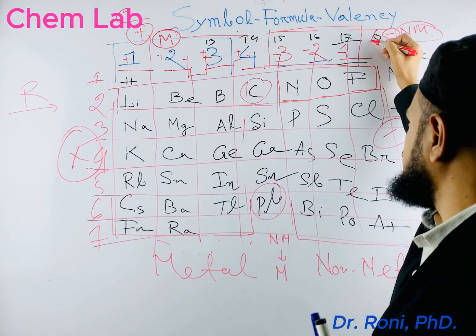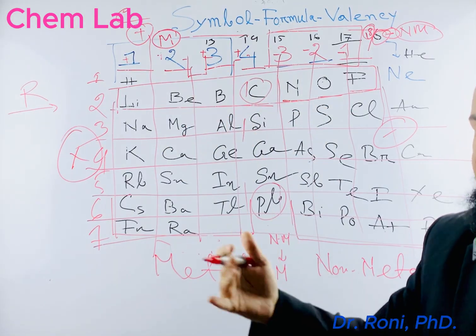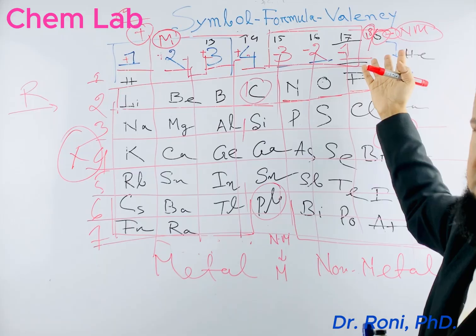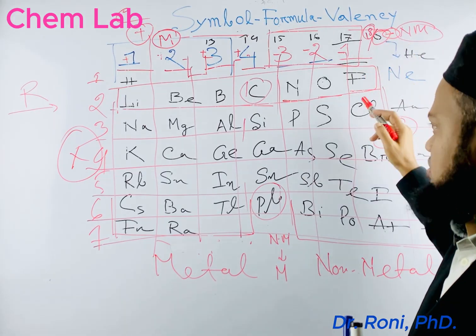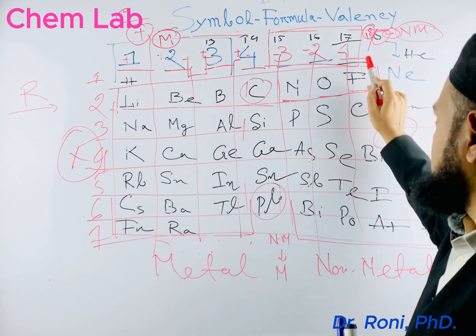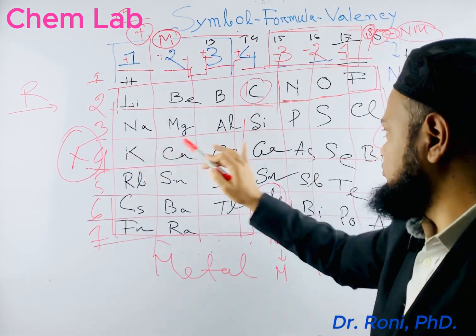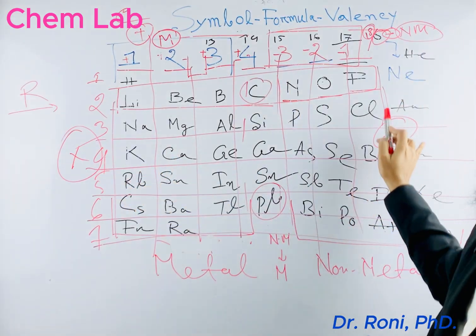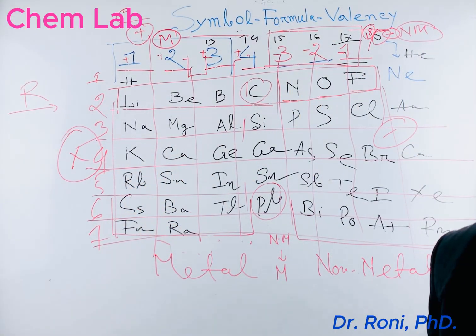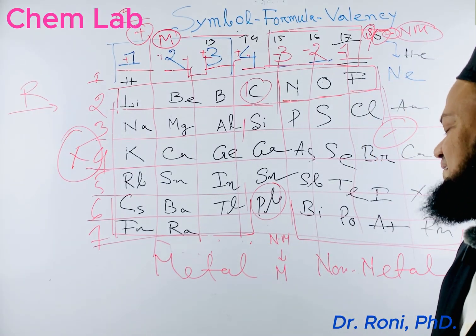It's 0 or 18, both are used to explain different things. In column number, it's 18, but their valency is 0. So 18, right? 2, 18; 3, 18; 4, 18; 5, 18; 6, 18; 7, 18. I think it's clear. Okay.